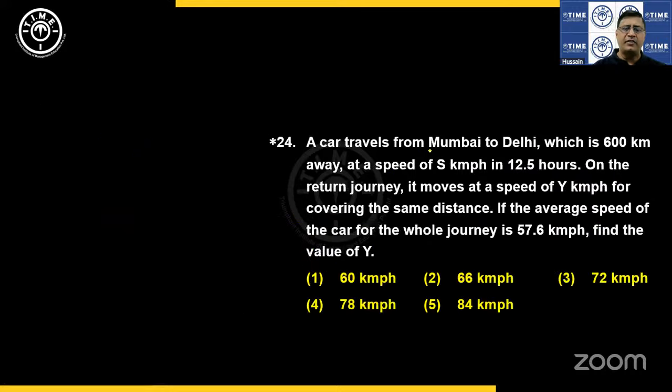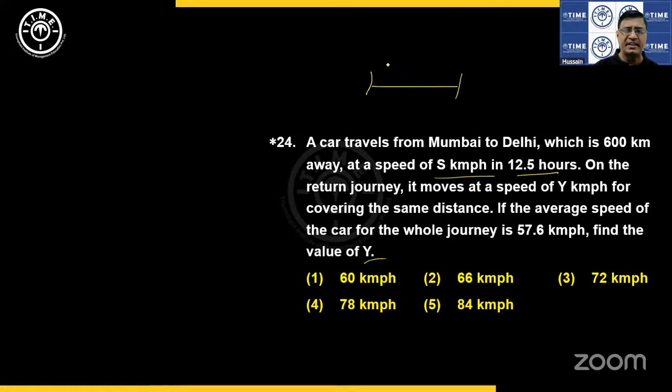A car travels from Mumbai to Delhi, which is 600 kilometers away, at a speed of x kilometers per hour in 12.5 hours. On the return journey, it moves at a speed of y kilometers per hour, covering the same distance. If the average speed of the car for the whole journey is 57.6 kilometers per hour, find the value of y.